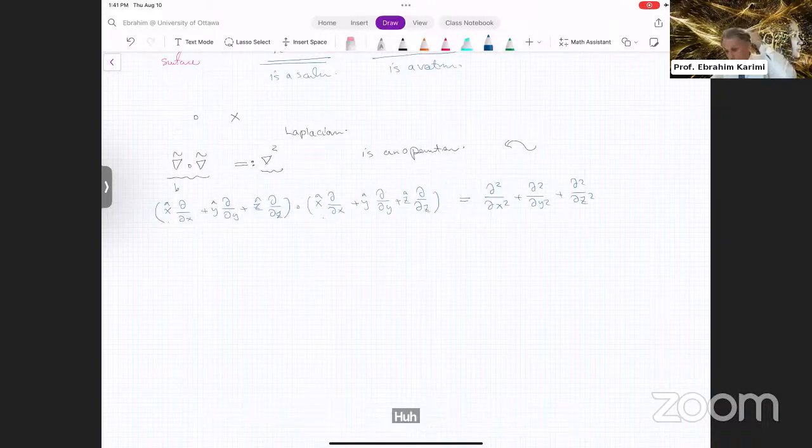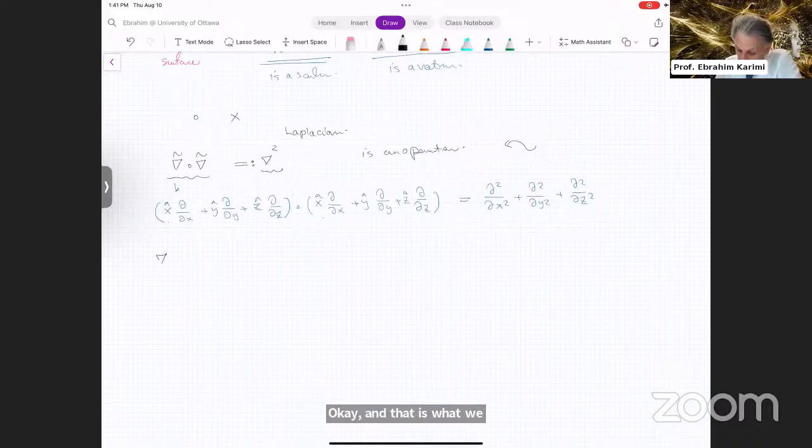This is wonderful. Okay, and that is what we call the Laplacian. So remember, that shows up in physics: divergence of gradient of phi, and we call this the Laplacian of phi. What does it mean?